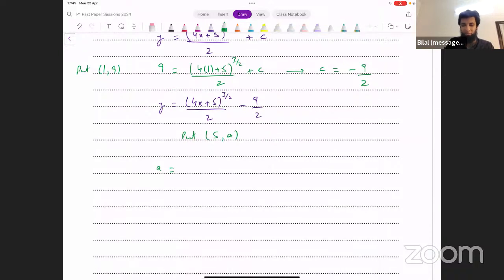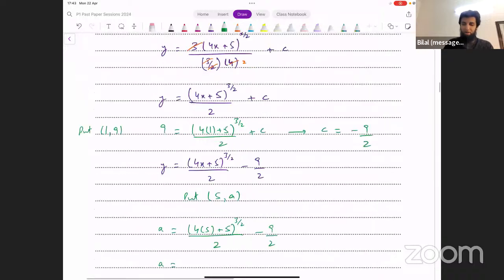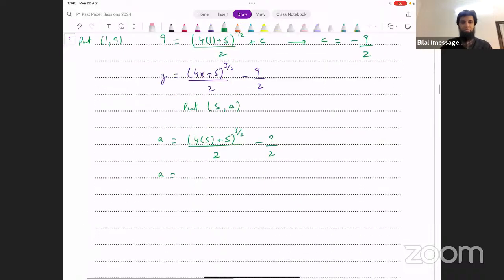That gives you a equals 4 into 5 plus 5 whole raised to the power 3 over 2 divided by 2 minus 9 over 2. And now you can see what this turns out to be. You'll get the value of a from this. Okay, 58. Okay, so I've got multiple answers here saying 58. So this turns out to be 58. That's the value of a that we're getting.